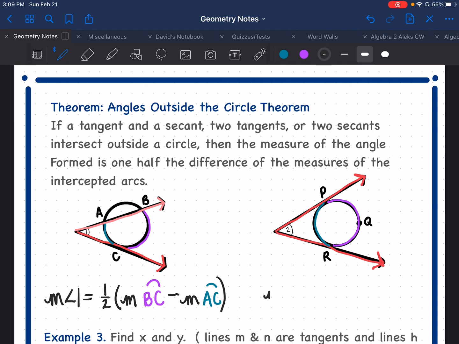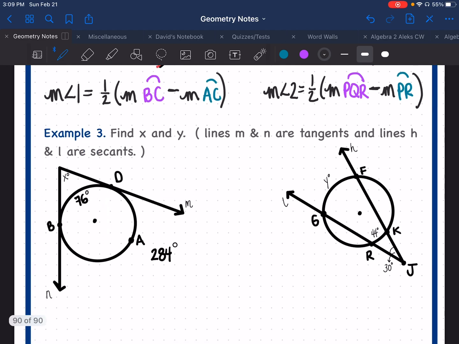To find the measure of angle 2, it's going to be half the measure of the outside, which is PQR, minus, this one's minus because they're outside, the measure of arc PR, the inside. So it's always the outside minus the inside.